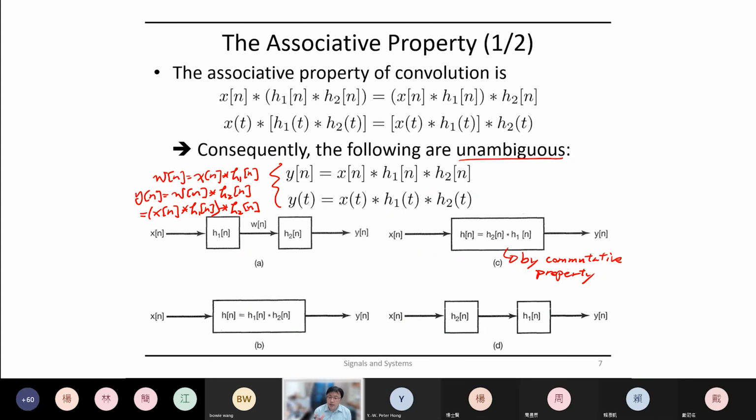So what this is saying is that a system with a cascade of h1 followed by h2 is equivalent to a system with a cascade of h2 and h1. So when you have a cascade of multiple linear time invariant subsystems, the order in which you pass the signal through does not affect the output.